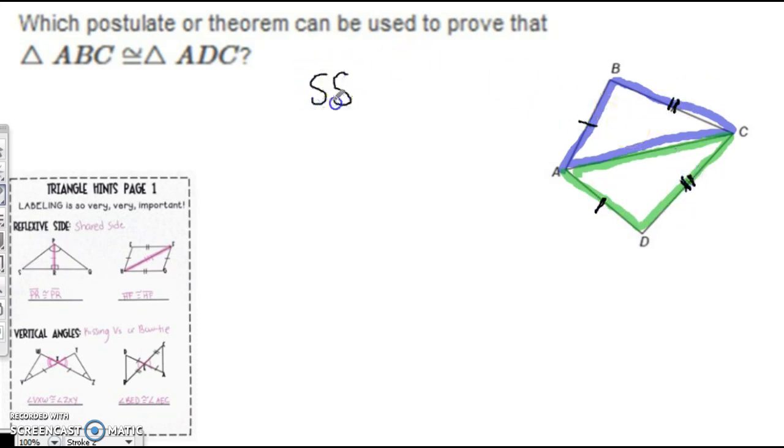So far we have side, side. We need one more piece of information. Again, we're going to go to our helpful hints, and this is going to be the reflexive side. They both share side AC, so I know that AC has to be congruent to AC. And so now each triangle has side, side, side, so they are congruent based on the side, side, side congruence postulate.